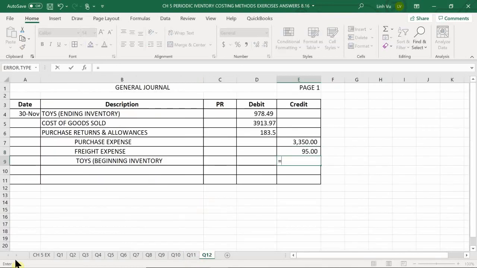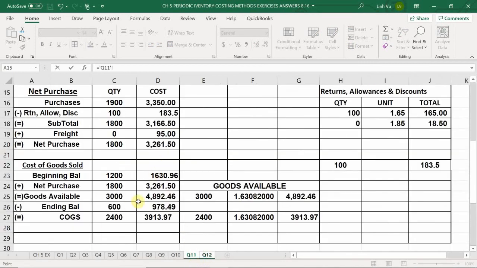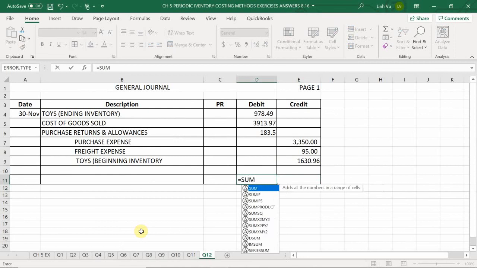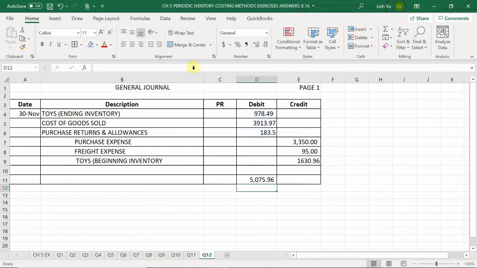And last but not least, my total beginning inventory. 1,630.96. Good. So let's go ahead and tally up those totals. Right. I got 5,075.96 on the left, or 5,075.96 on the right. Okay. And that is the Chapter 5 review exercises.